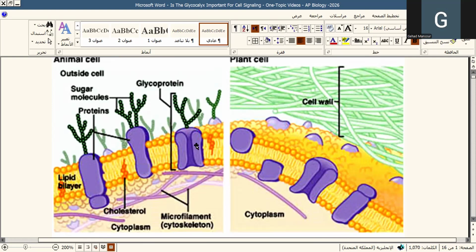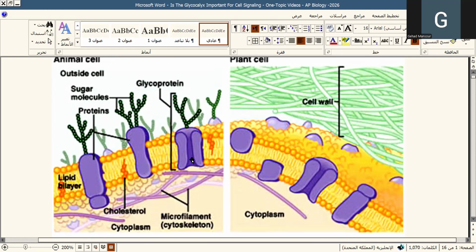On the other hand, to the left of the picture, we can see the same protein molecules, meaning that we can see integral protein molecules that span the whole thickness of the cell membrane. And some of them are seen in a longitudinal section, where we can realize that they are actually channels.